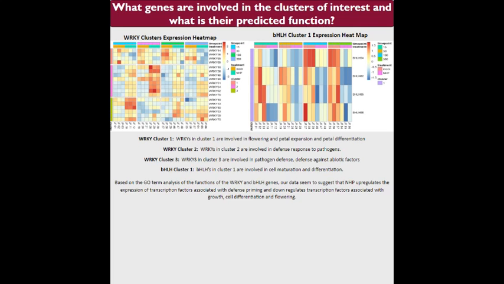Based on this conclusion, a simpler way to put what I just said is that when a plant is involved in systemic acquired resistance in defense against a pathogen, it makes a trade-off between growth and defense. When defense is needed, growth is reduced, and when growth is needed, defense is reduced.